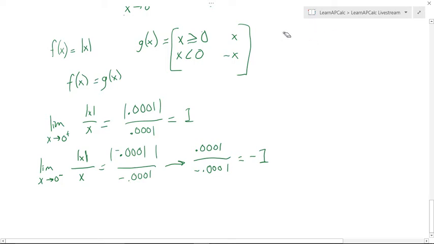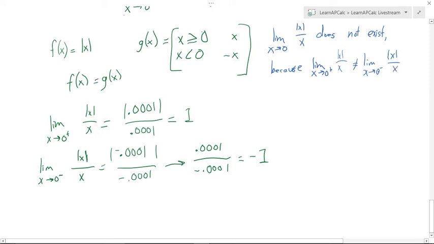I'll just write out lim as x goes to 0 of absolute value of x over x does not exist because limit as x goes to 0 from the right is not equal to limit as x goes to 0 from the left.